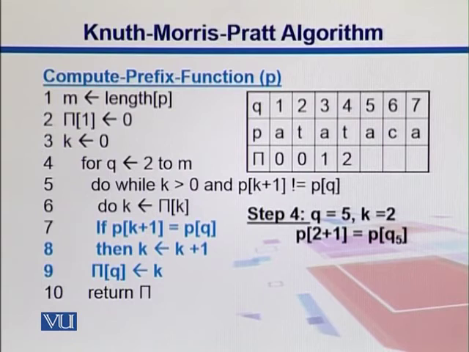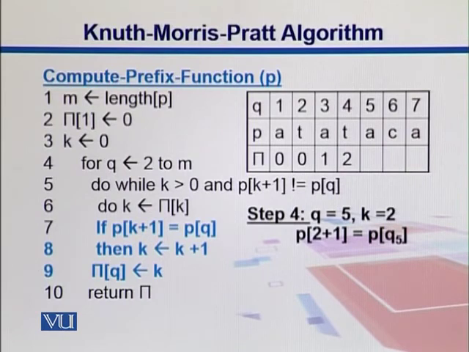But P of K plus 1, that was P of 3, we have the nucleotide A, and we are comparing with P of Q. Was that not equal to, as per 5? No. So we won't go there. Is it equal to? At position number 5 we have A, and at position number 3 we have A. So yes, it is equal to.